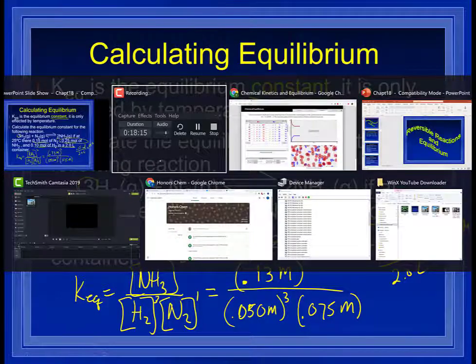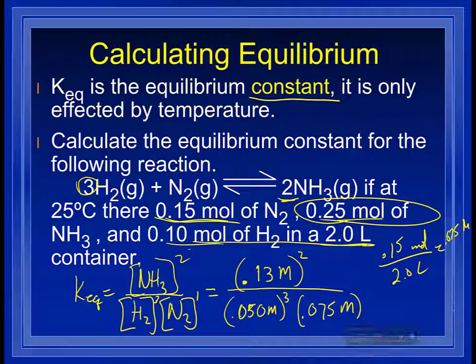Okay, and we push those buttons. So now we just have to push the button. 0.13 squared divided by 0.05 cubed divided by 0.075 equals, and with 2 sig figs, I get 1800.